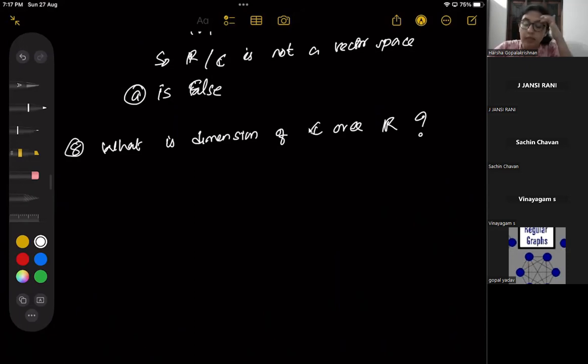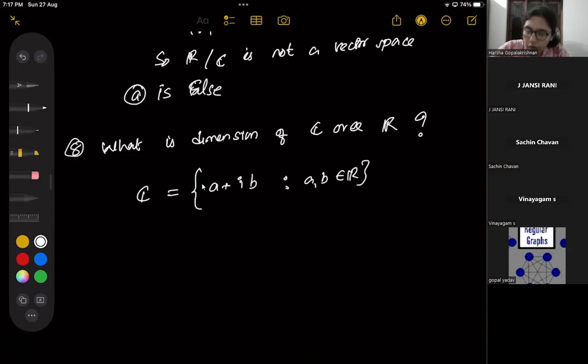what we will do is, whatever the vector space is given, we will write it in a general form. Here the vector space C is the set of all A plus iB such that A and B are from the scalar field R. So this is actually A into 1 plus B into i with A, B in R. So what is happening here is that 1 and i are two elements in the basis.